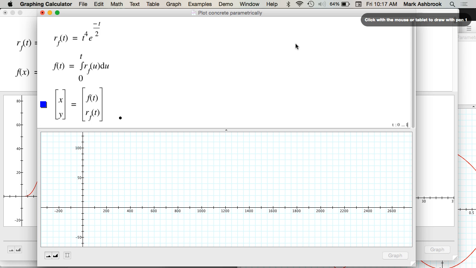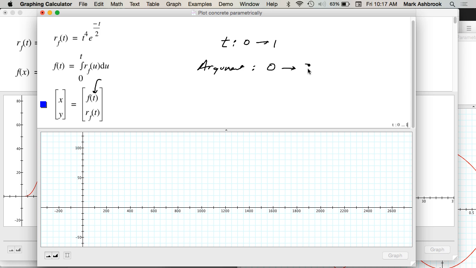In other words, as t goes from 0 to 1, I want the arguments of my functions, f and r sub f, to go from what to what? Right. So as t goes from 0 to 1, I want what's inside the independent argument there to range from 0 to 30. How can I achieve that?